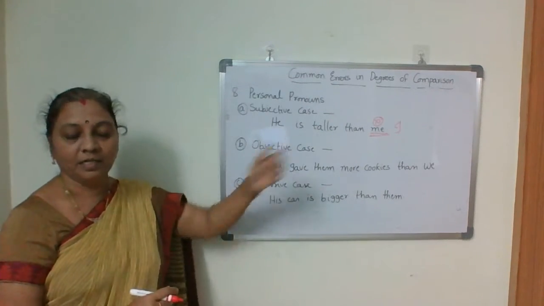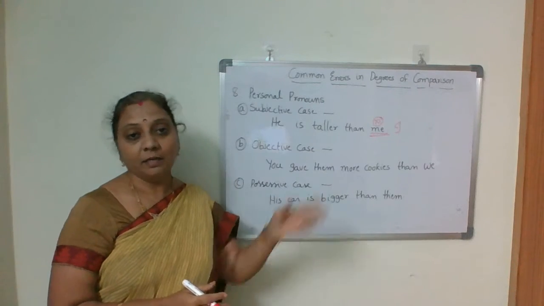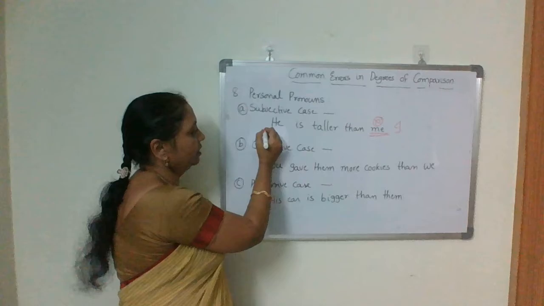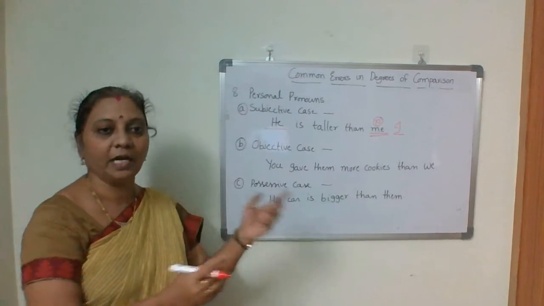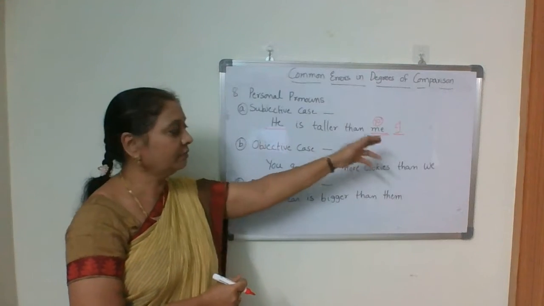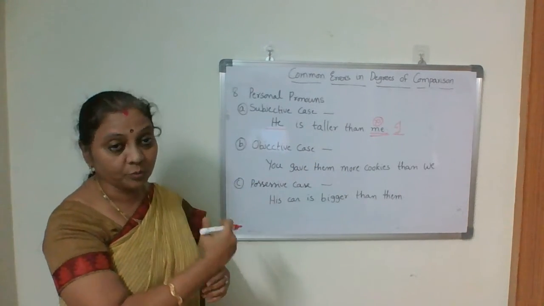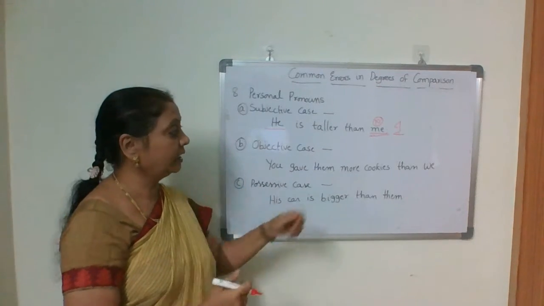This is the important thing you have to remember, because many make mistakes here. The comparison is always between the two subjects, he and I, not he and me. One subject and one objective case is wrong. So the comparison must be between the two subjective cases. He is taller than I.